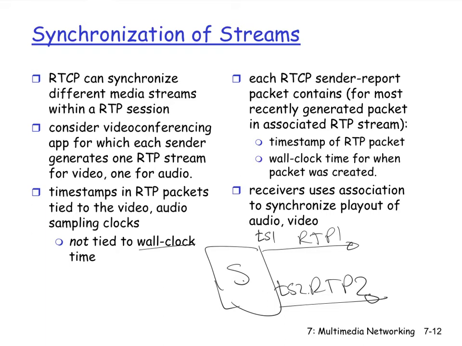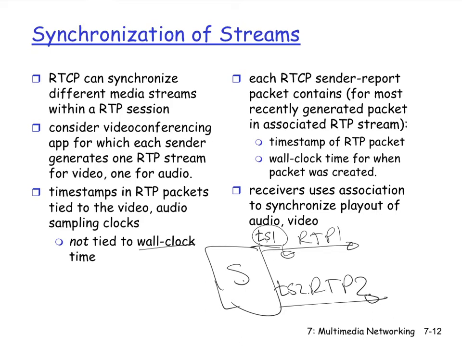So in that case, it says to pay attention to the fact that TS1, the first packet in that stream, was generated at time 12.1230 or something like this. So this maps the individual timestamp, which is based on a logical clock for that stream, to an absolute time.